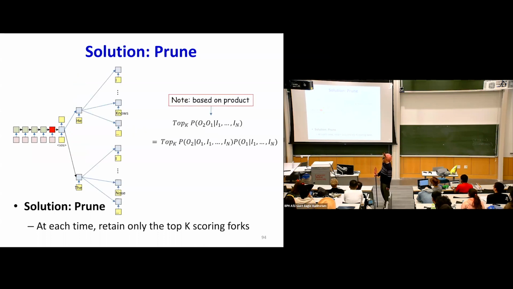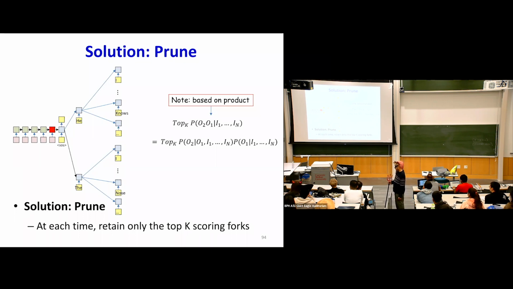Then I'm going to expand all of these guys. But if I expand all of these guys, now if I have V words in my vocabulary, at this point I'm going to have 2V entries. Of these, I'm going to retain the top 2. I'm going to retain the top 2 based on some probability, right? What is the probability that I would use to decide which I must choose?